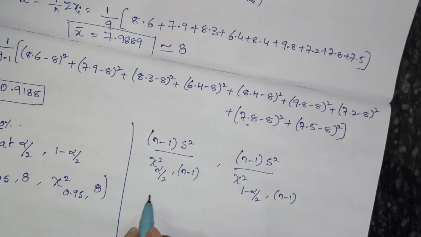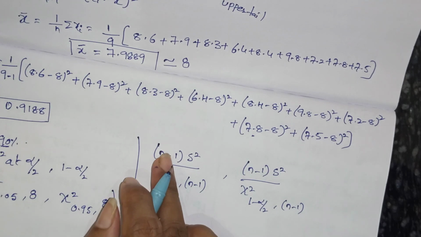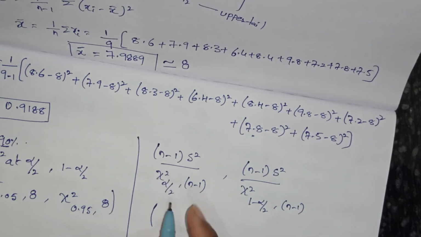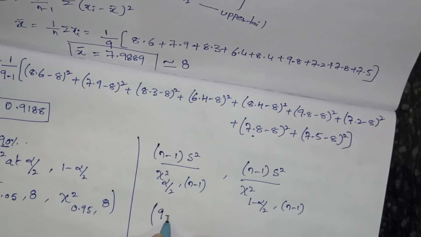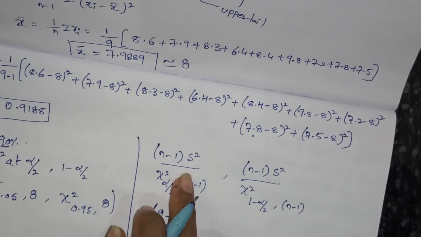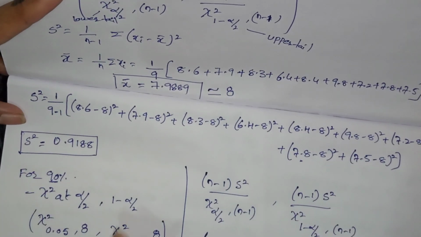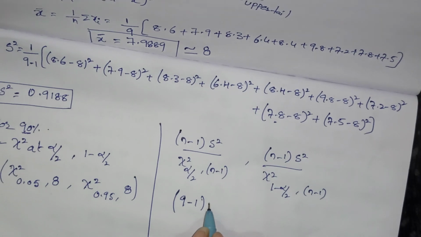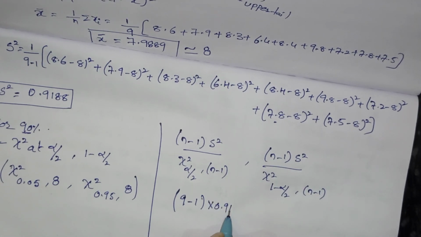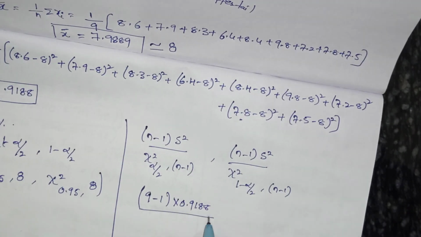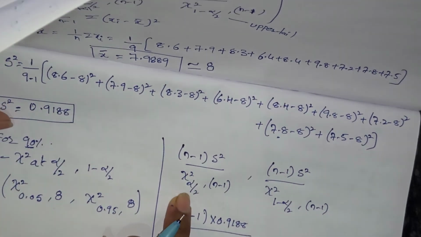Now we will keep the values here. n value is nothing but 9. So 9 minus 1 into s square. S square is 0.9188 divided by chi square alpha by 2.